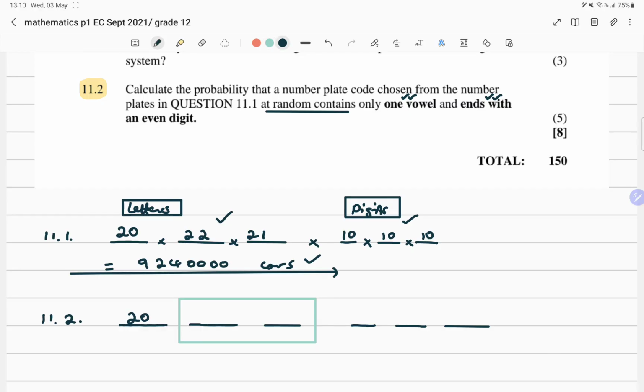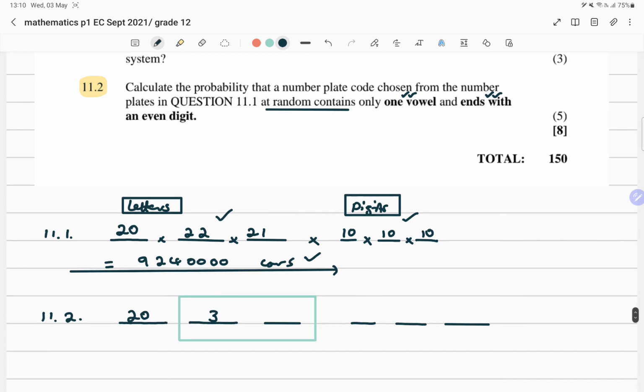So that is something you need to know. If we choose that the vowel is going to be here, how many do we have? There were only 3. But we're only going to put 1. Once we put 1 there, we're going to have only 19 left, because from the 20 letters, we took 1 and put it on the first position.